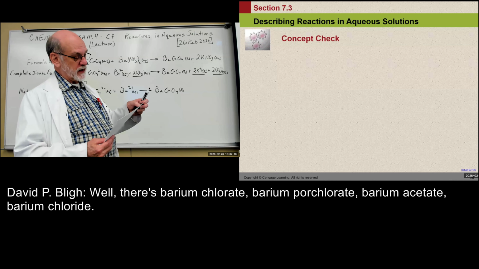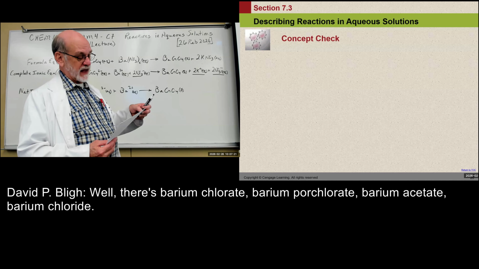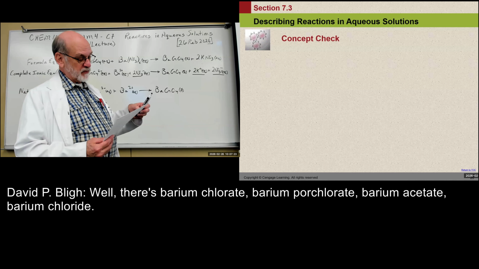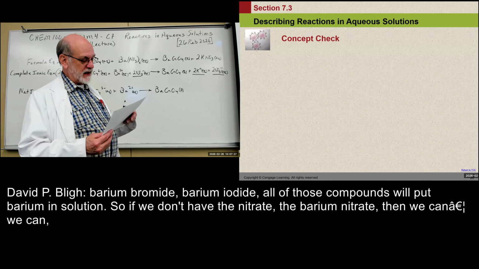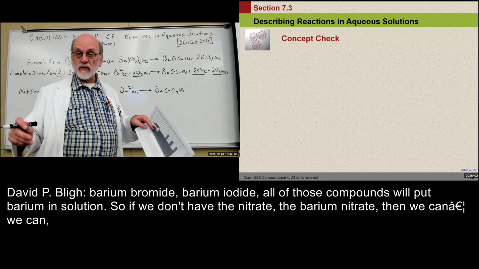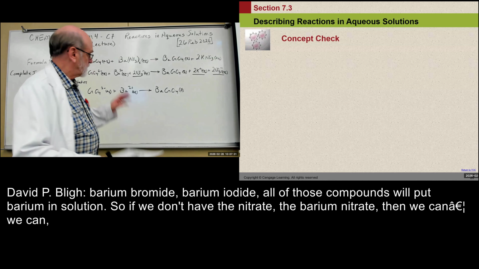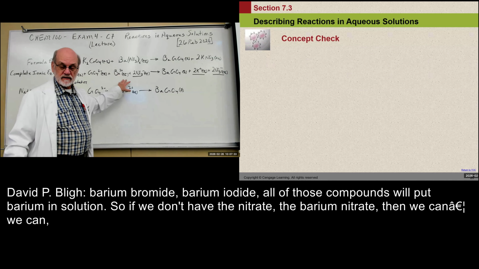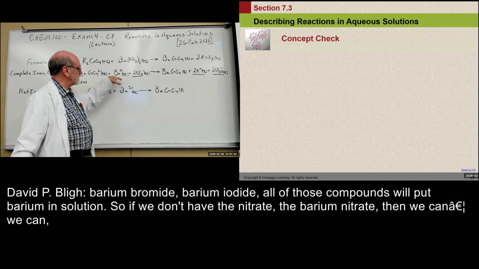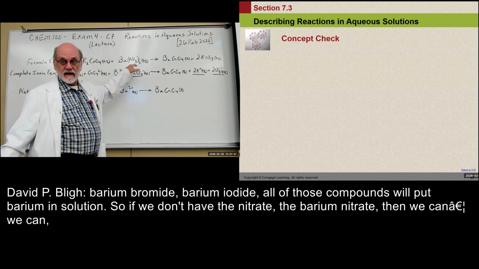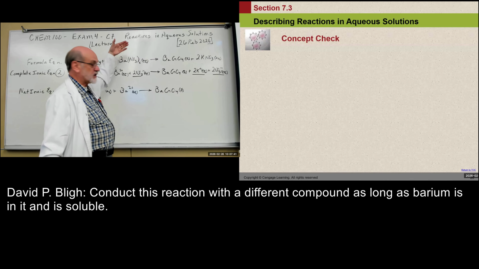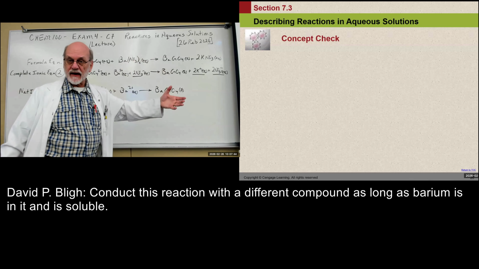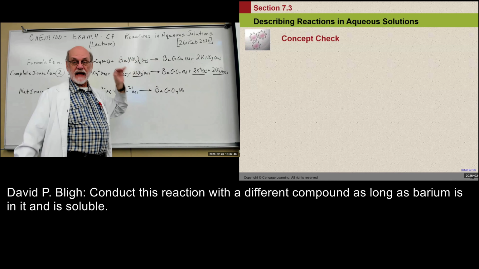Well, there's barium chlorate, barium perchlorate, barium acetate, barium chloride, barium bromide, barium iodide. All of those compounds will put barium in solution. So if we don't have the barium nitrate, then we can conduct this reaction with a different compound as long as barium is in it and is soluble.